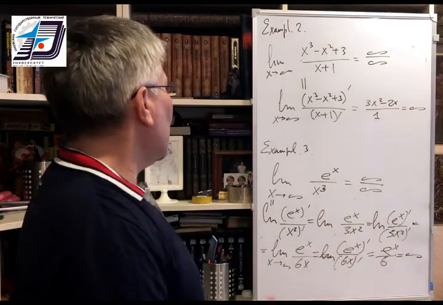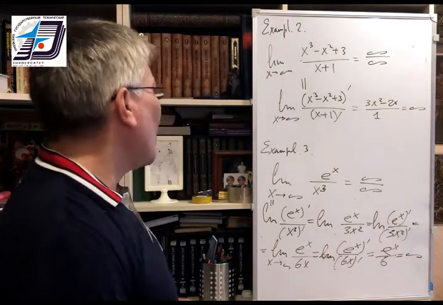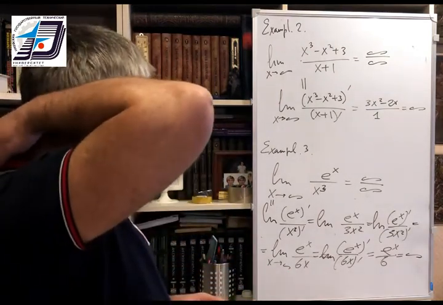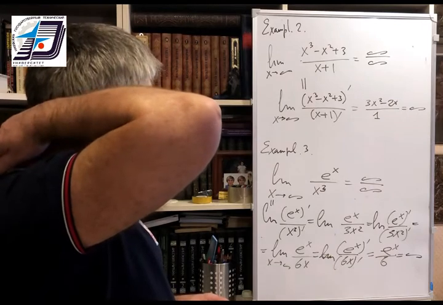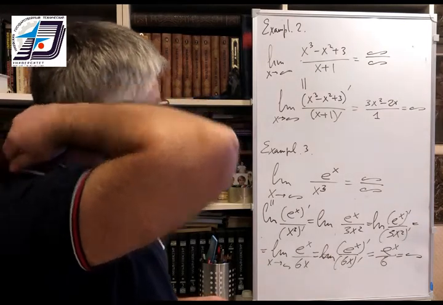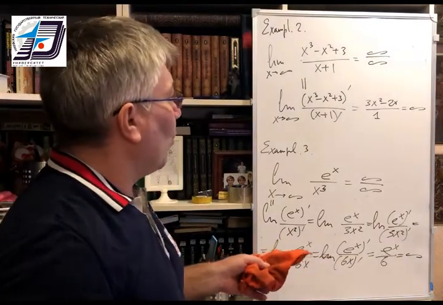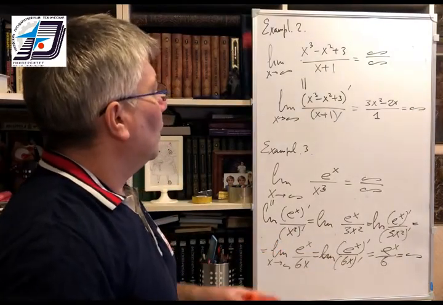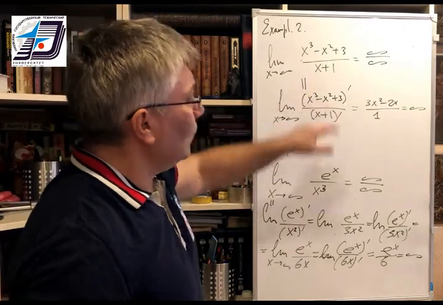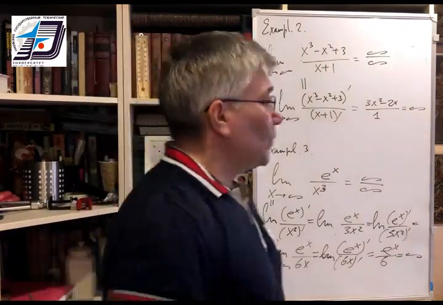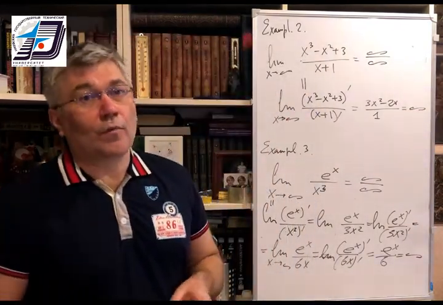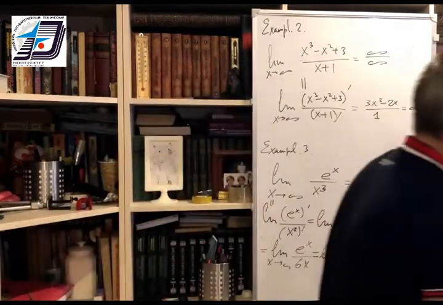What can we do? The last example about L'Hopital rule. It is a little bit more complicated than these two previous, but you can notice that we can work not only with a ratio, but sometimes with the product of functions. And now we consider example 4.